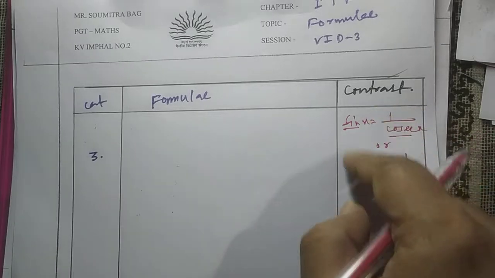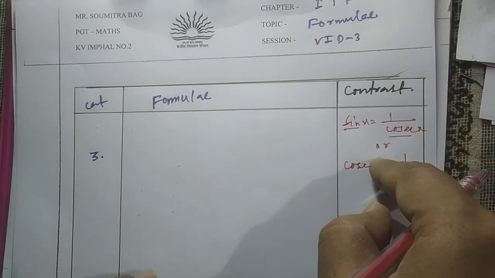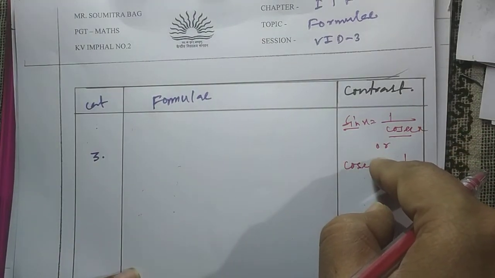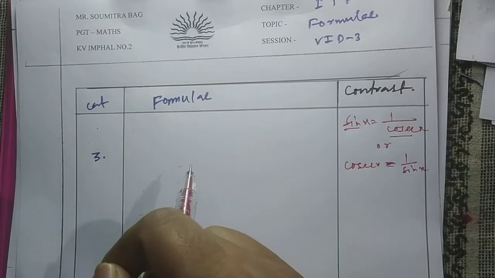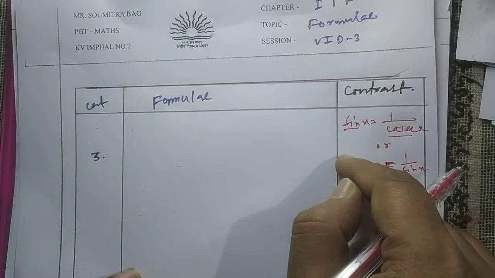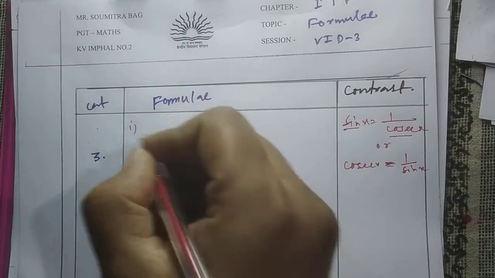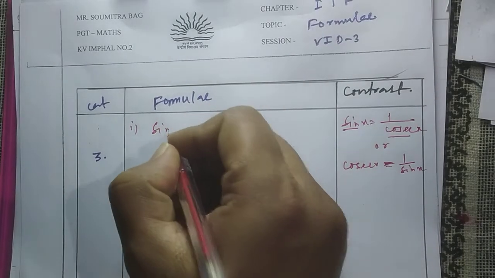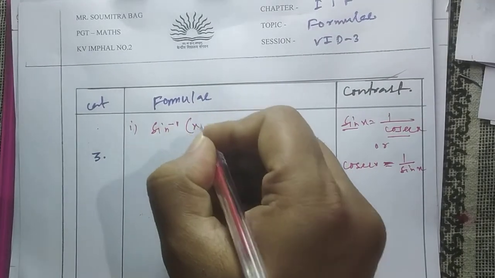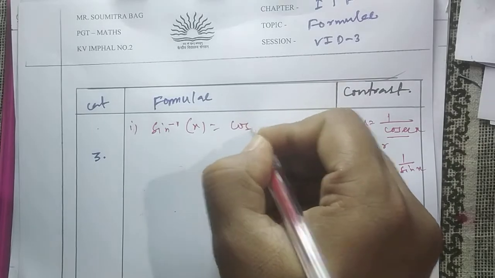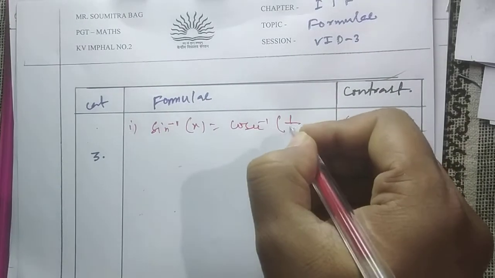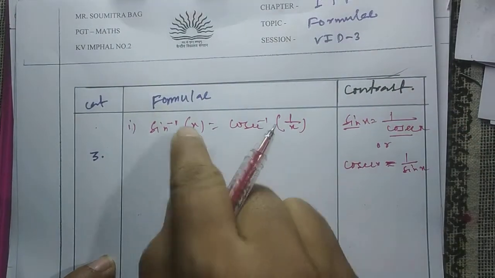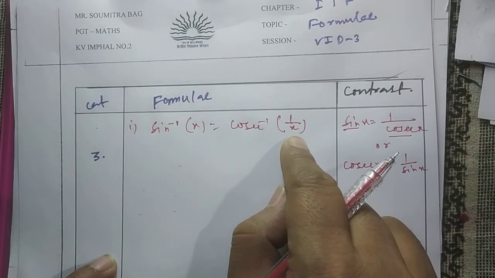So it is happening in the case of trigonometric ratios. Now similarly, let's see what will happen in the case of their corresponding inverses. Similarly, sin inverse of x can be written as cosec inverse of 1 by x. Here only this value will be reciprocal.